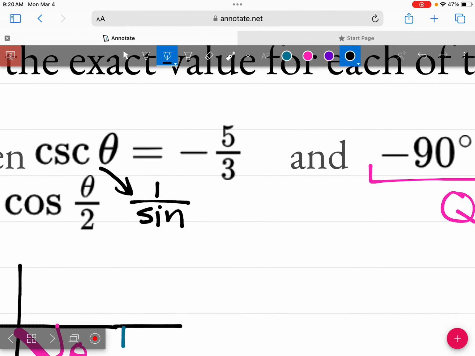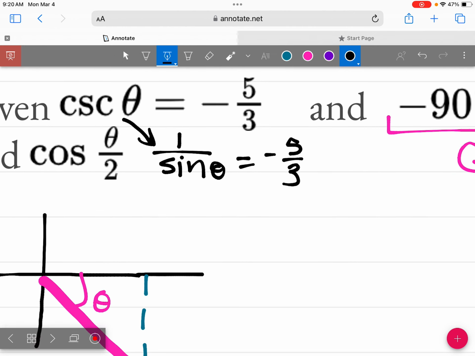We know that 1 over sine of theta is -5/3. So if we think about that as a reciprocal, because sometimes remembering which one's opposite, hypotenuse, adjacent, that kind of stuff is really hard with the cofunctions. So we can flip it. Sine of theta is -3/5. If we know that 1 over sine of theta is 5/3, sine is 3/5.